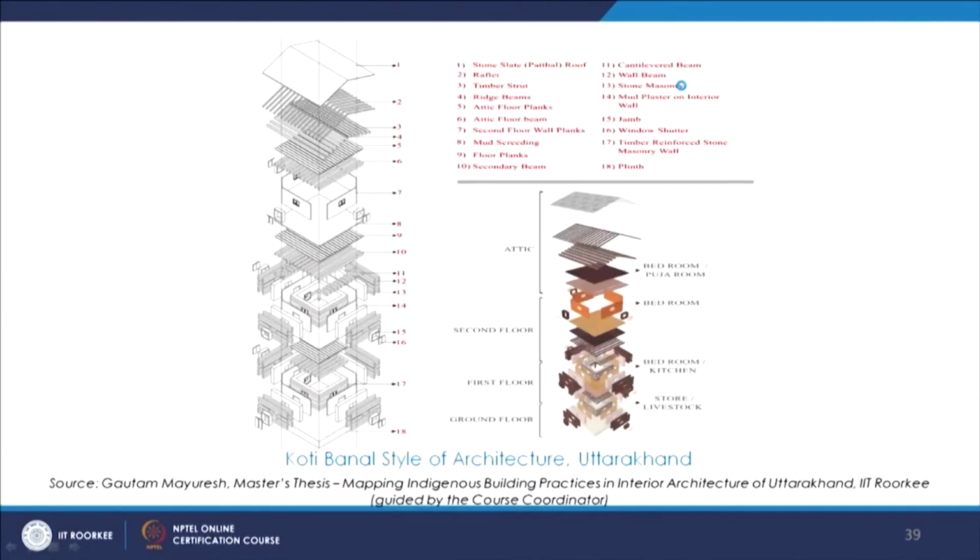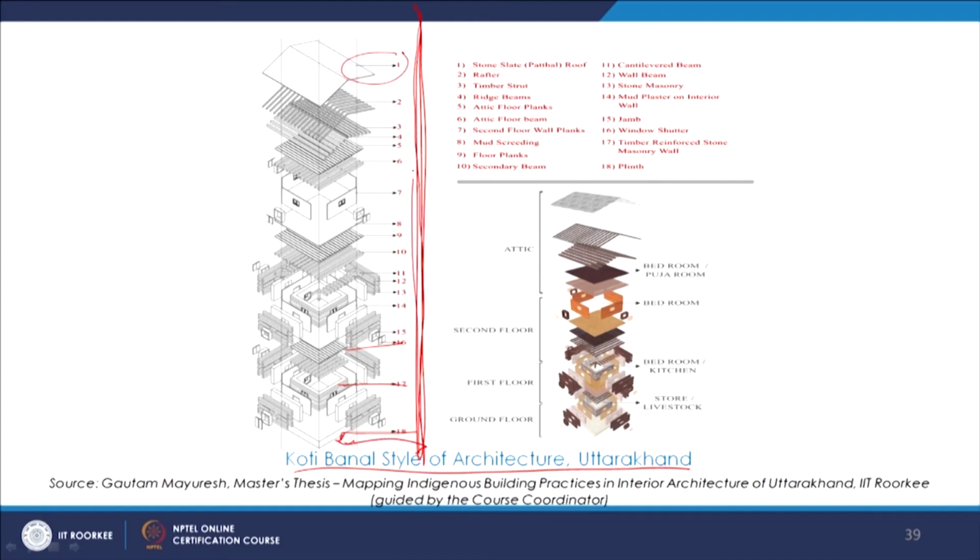Some more examples. Here we see this Koti Banal style of architecture in Uttarakhand. This is the entire elaborate discussion of the exploded view, which gives the different layers of how, starting from the plinth to this stone slab, the principles of making are applied and how this entire built form is then conceived and achieved.